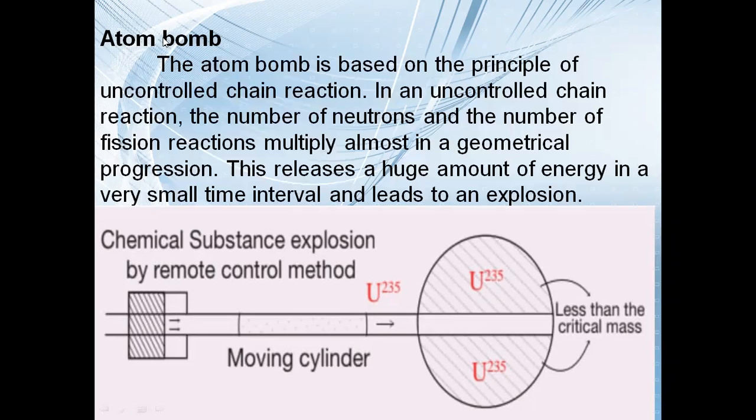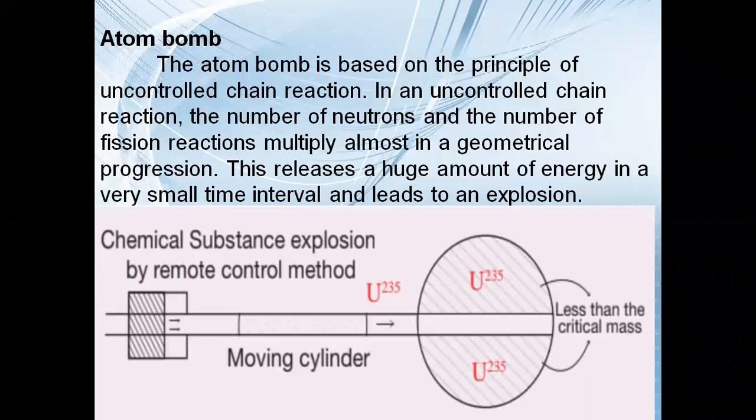So the electron volt is a unit used in nuclear physics to measure the energy of small particles. 1 electron volt equals 1.602 × 10^-19 joule. 1 million electron volt equals 1 mega electron volt, which is 10^6 electron volt.